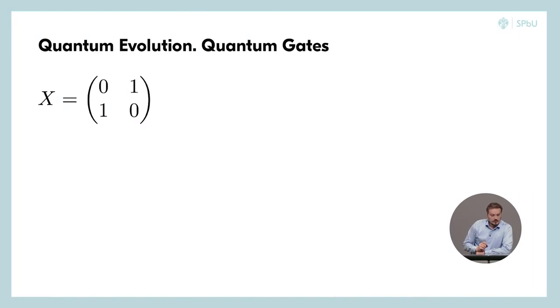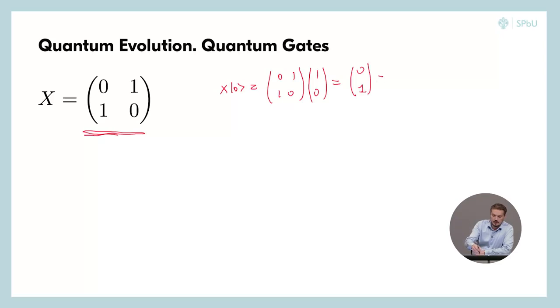Another very useful operator, which we call X, the matrix you can see on the slide. Let's see how it acts on our basis 1, 0. So X of 0 is the matrix 0, 1, 1, 0 applied to 1, 0, and we have 0 here and 1 here. It is 1.